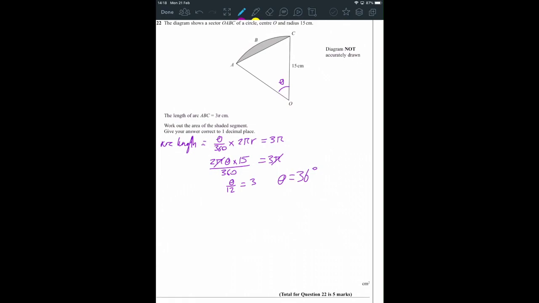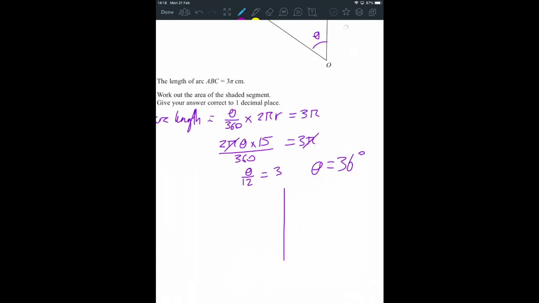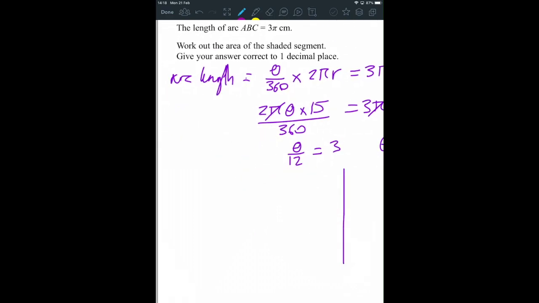Step 1. Step 2, we need to find the area of the sector and the area of the triangle. So I'm hoping I'll be able to do each half separately down here. So our sector, again another formula you need to remember, theta over 360, the fraction of the circle, times pi r squared. That's 36 over 360 times pi times 15 squared.